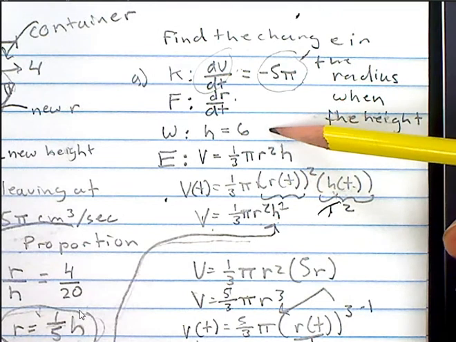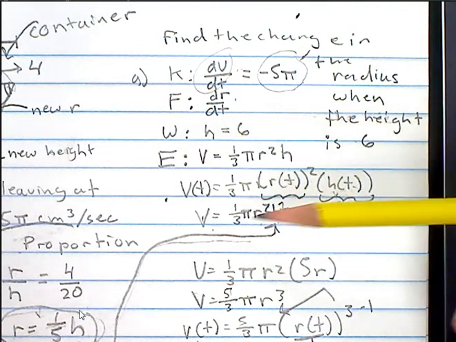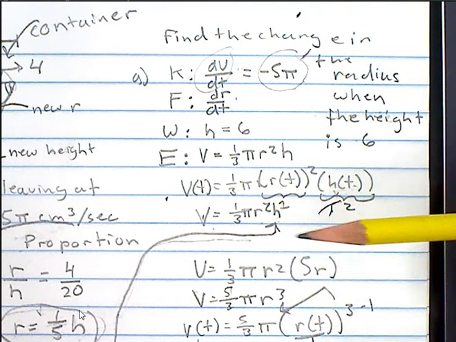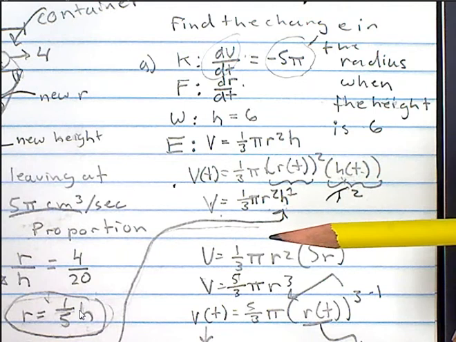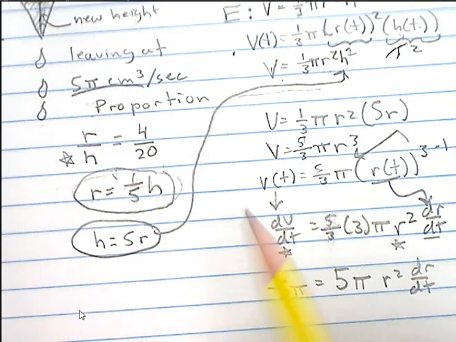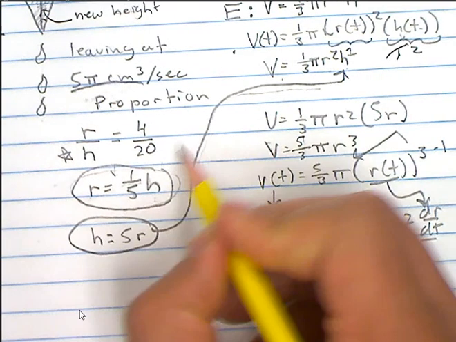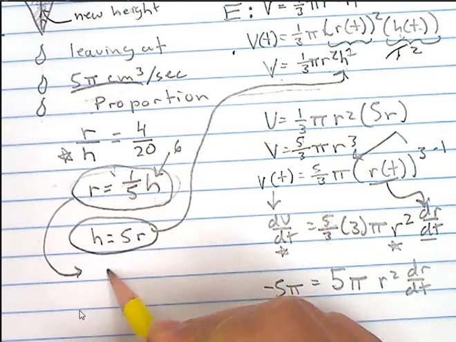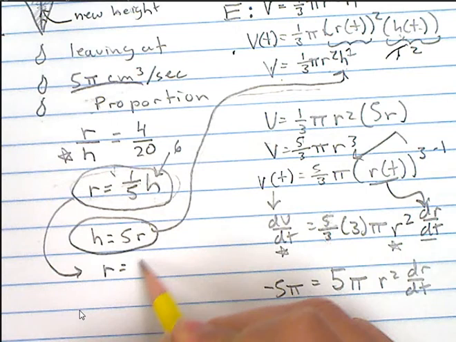So now I'm circling back. I'm spiraling, using information. I am just continuing to use different equations and different information. So h equals 6. So I'm going to plug that in. That's going to give me r equals 6 over 5.